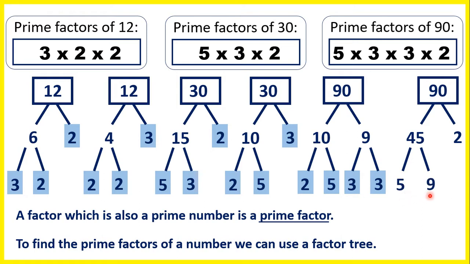That's 5 times 9. Now, 5 is a prime number, so we can't break that down any further, but we can break 9 down into 3 times 3. And now we've only got prime numbers on the end of our factor tree, so we know that these are the prime factors of 90.